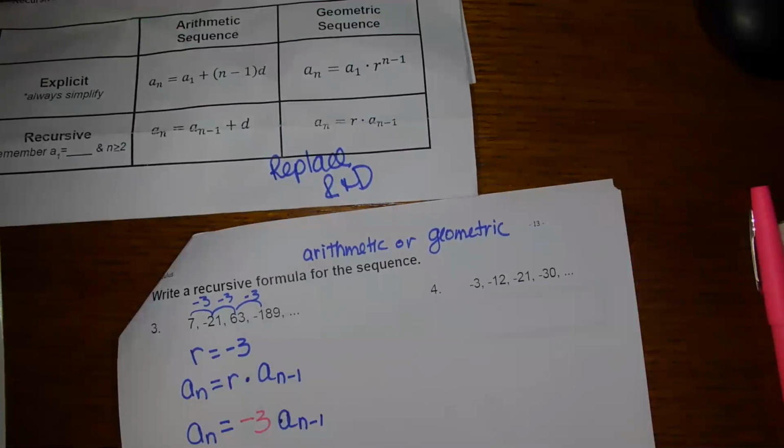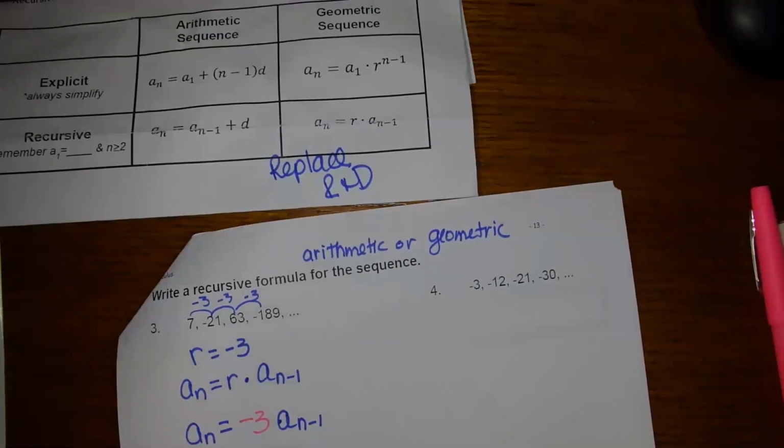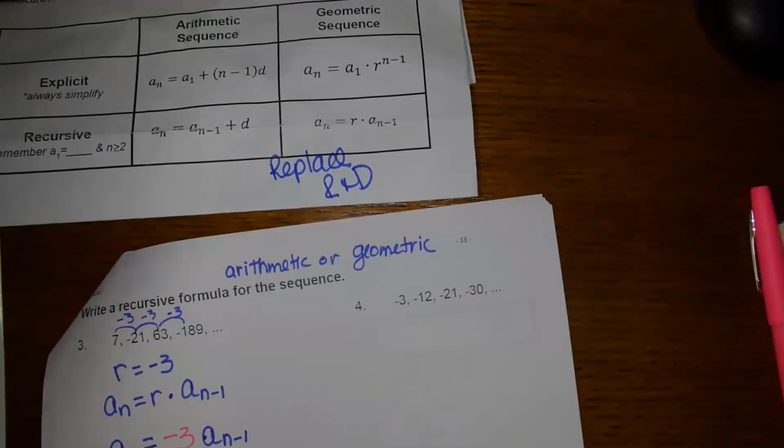This A to the n minus 1 stays the same, because remember, where you get that is from your last answer, right? So if I know here that A1 is 7, I would plug that in and get -21. Then I'd put -21 in there to get my next answer, right?